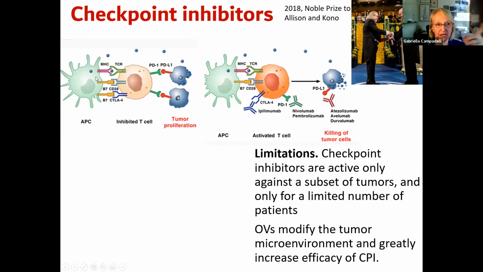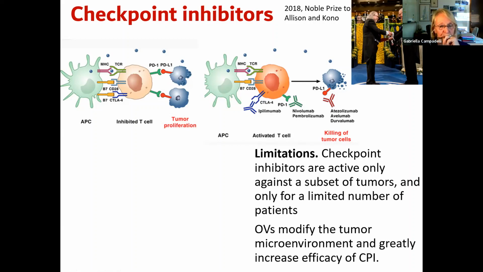When a T lymphocyte interacts with the antigen-presenting cell or also with the tumor cell, of course there is the T cell receptor and MHC, but there are also inhibitory pathways. So the immune response is inhibited, for example by the axis PD-1 ligand, or by CTLA-4, or by other blockers.